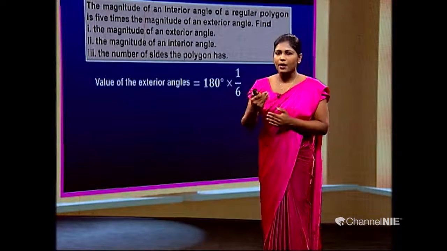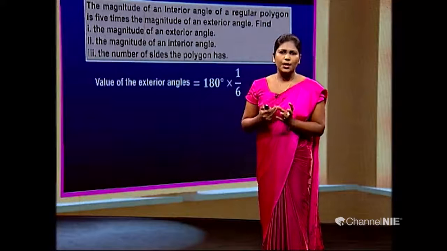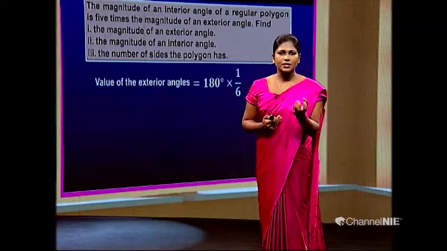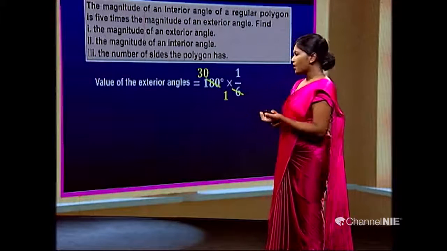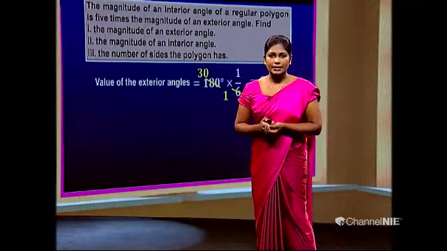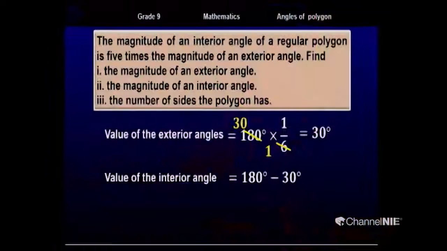So we have to divide 180 degrees by 6. Then you can take one part. What is the value of one part? 180 divided by 6, you can take 30 degrees. That means the exterior angle is equal to 30 degrees. Then you can obtain the interior angle, 180 minus 30 degrees. That means 150 degrees.